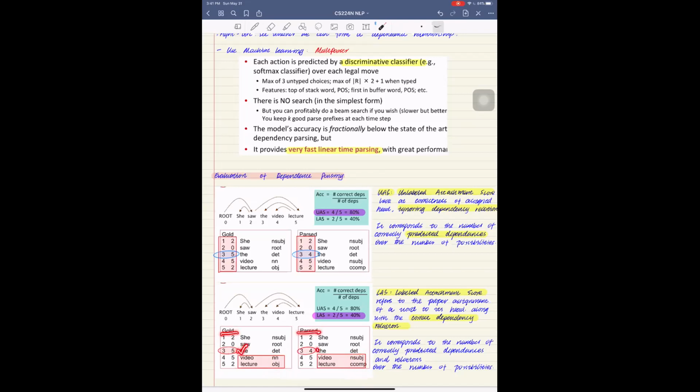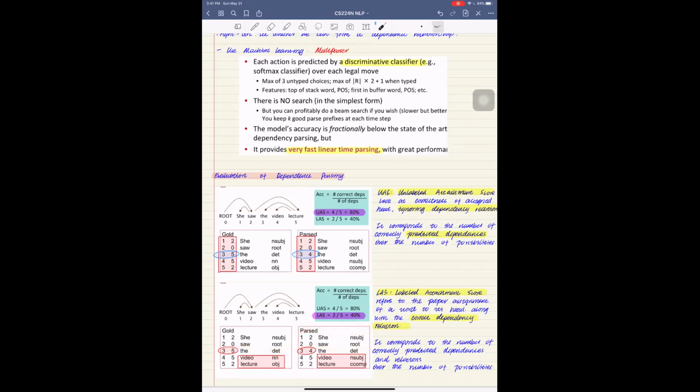We already have the wrong connection, so that's counted as 1. And for this one, it's nominal subject versus a different label, object, so these two are different and it doesn't match the right one. So we have 1 plus 2, 3 incorrectly predicted records here. The left two are right, so we use the right number, 2 divided by 5, and we have 40%.